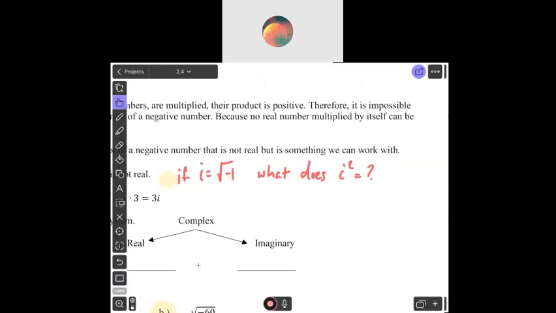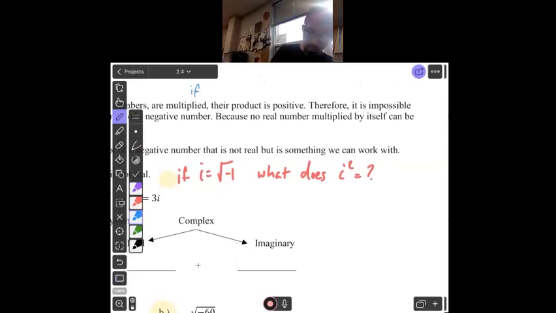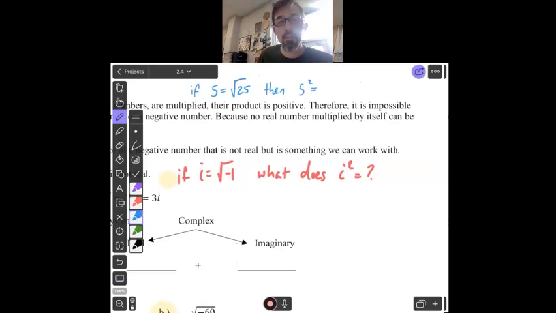What if I asked you guys this? If 5 is equal to the square root of 25, then 5 squared must be what? 25, right?